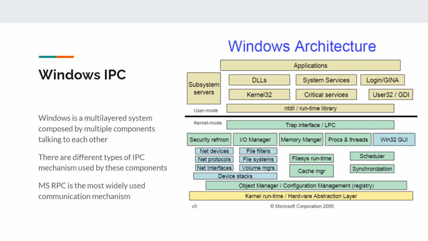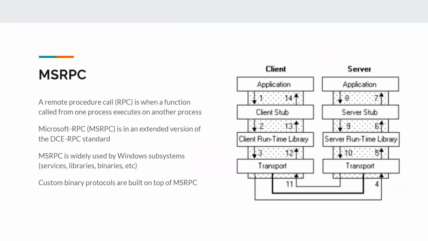On Windows, as you know, we have services running that provide different types of information. Usually those services expose their functionalities or APIs to the clients running on the system through an IPC mechanism called RPC. RPC is basically a way to execute functionality running in a different process.